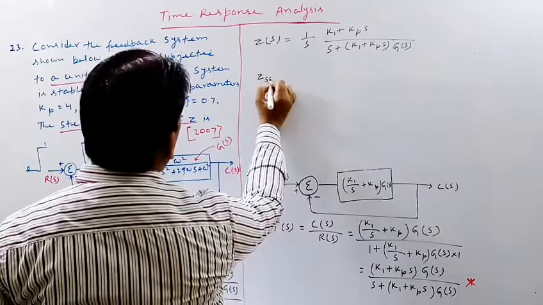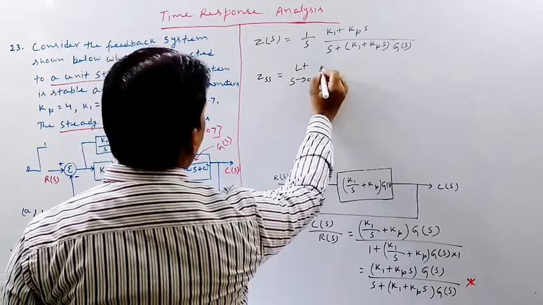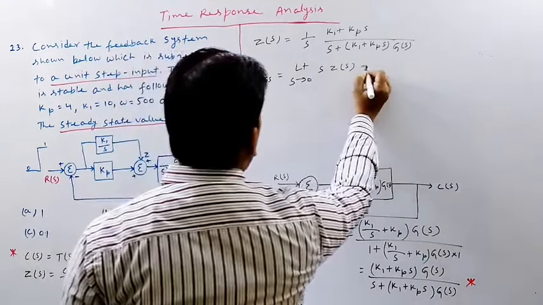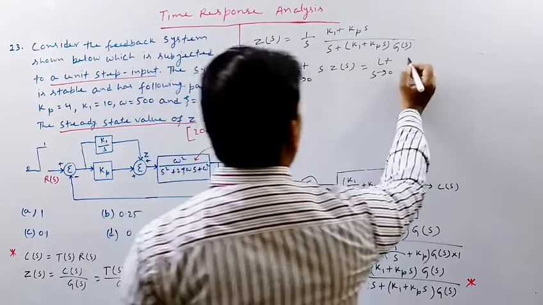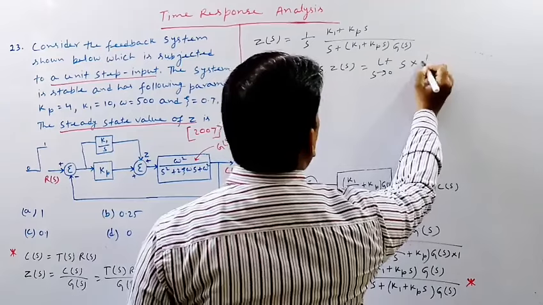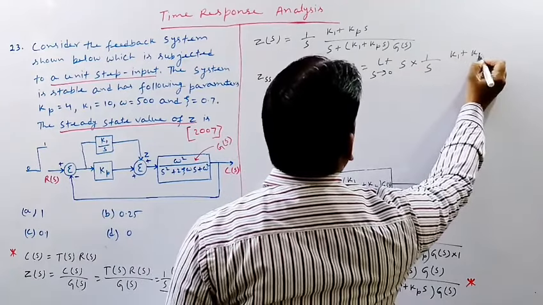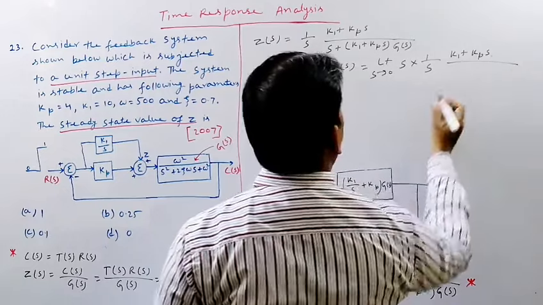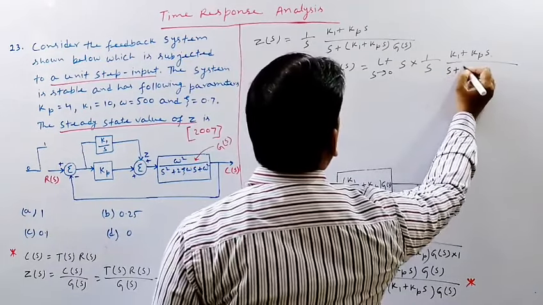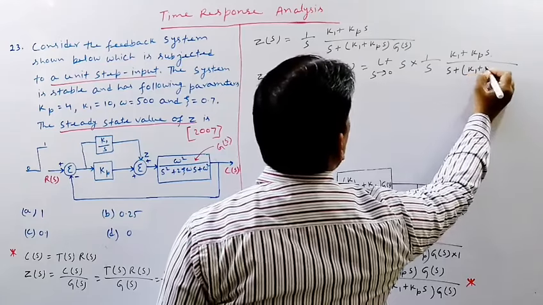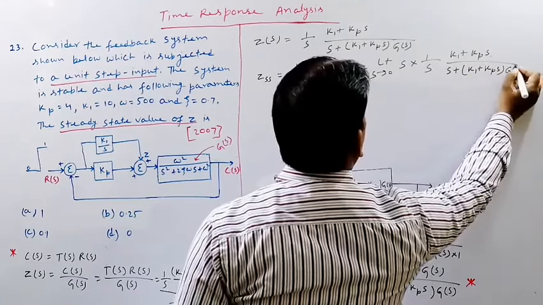So ZSS will be equal to limit S tends to 0 of SZS. We have calculated ZS, so it is 1 by S multiplied by K1 plus KpS divided by S plus K1 plus KpS times GS.